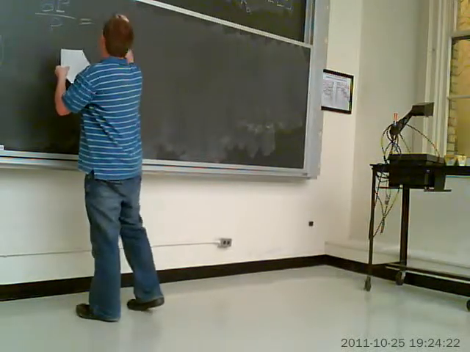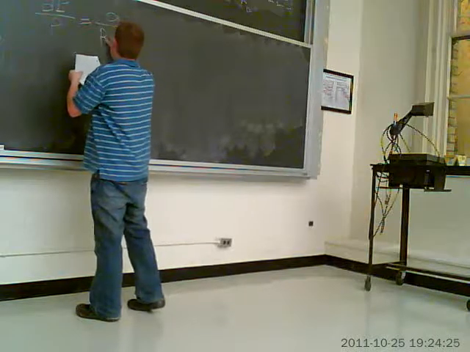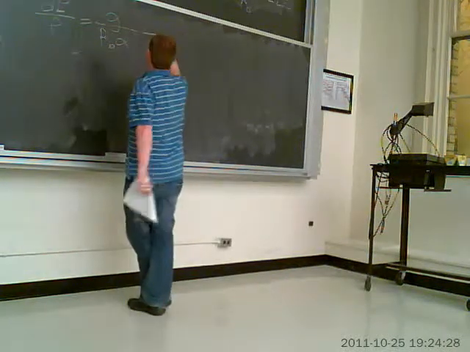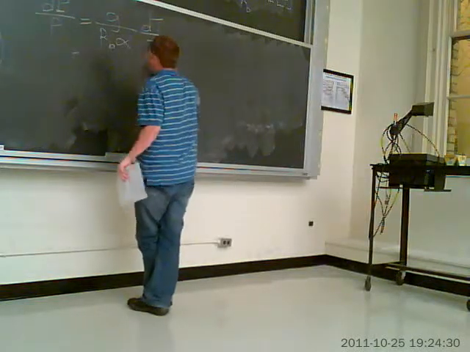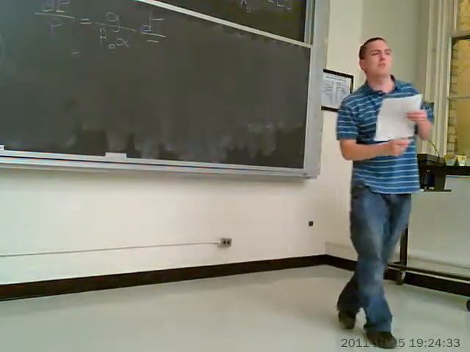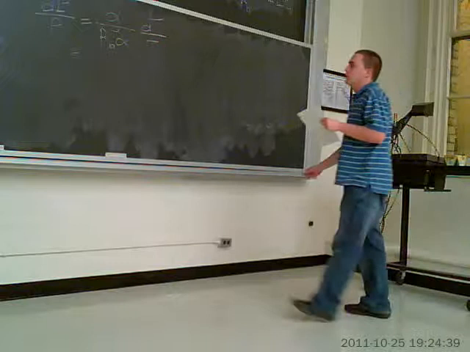Actually, here, I'll rewrite it. You can rearrange that and you end up with dP over P is equal to g over R_a alpha times dT over T. Now I can do everybody's favorite thing: we've got to integrate that. Because once again, we're trying to figure out pressure and temperature at 1 related to the pressure and temperature at 2.